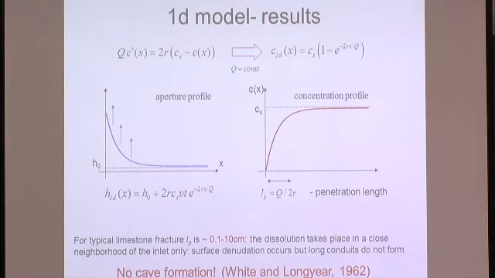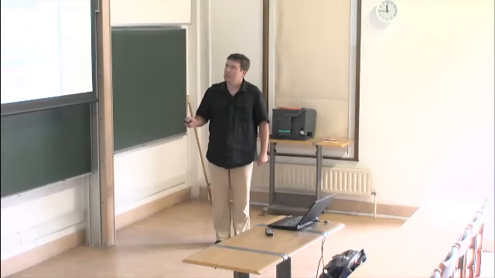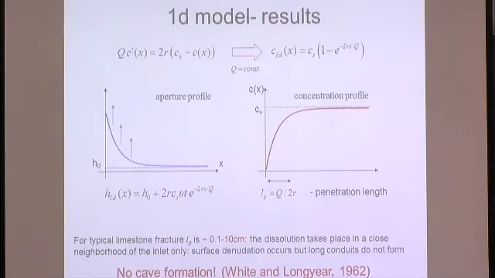And the penetration length, or the length over which the saturation concentration is reached, is given by the volumetric flux over R, where R was, just to remind you, the reaction rate. And then if you put this equation into the erosion equation, so you basically integrate it over time, you get the aperture profile like this, which is just h0, or the initial distance between the plates, plus, again, some exponential, but this time with the amplitude linearly growing with time.